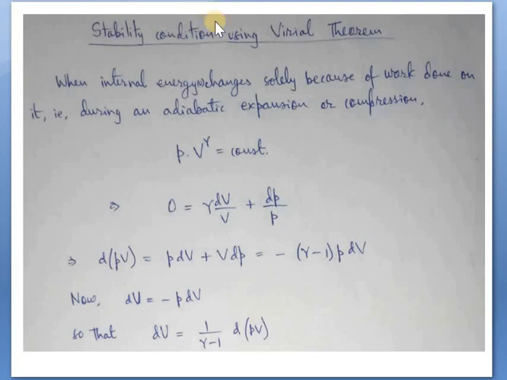Now, let me talk again about this stability condition using the virial theorem. If the internal energy changes solely based on the work done on it, then during an adiabatic expansion or compression, we have this relationship P into V to the power gamma is equal to constant. And from there, we can get this relationship du is equal to 1 by gamma minus 1 d of PV.